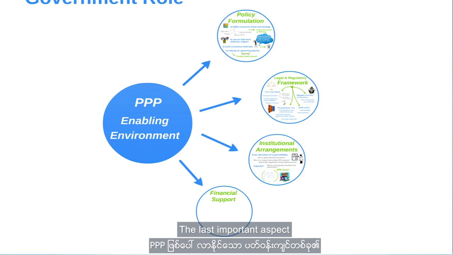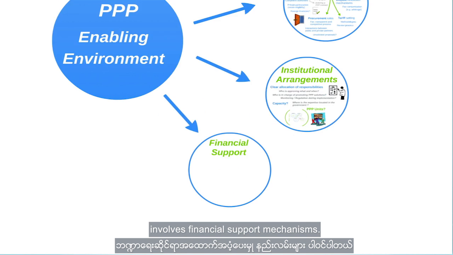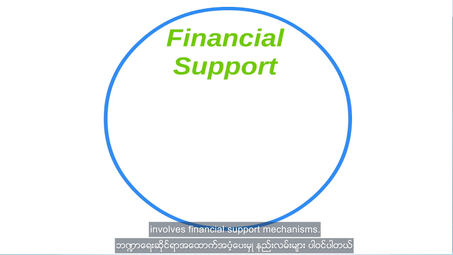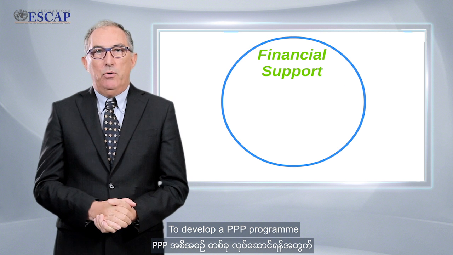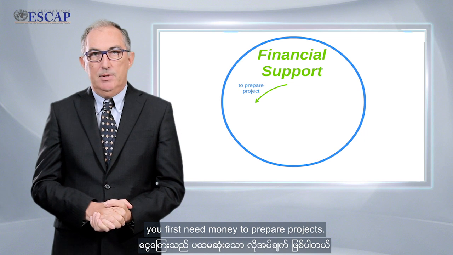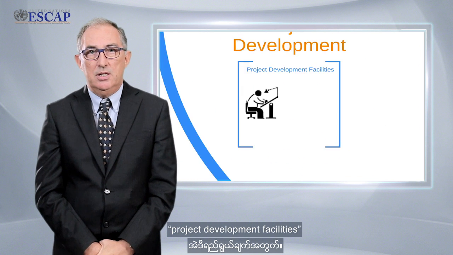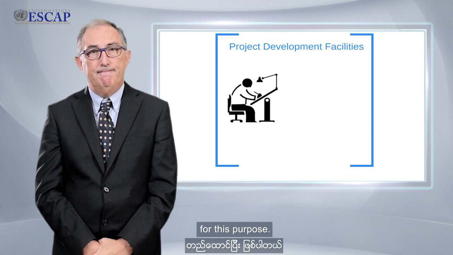The last important aspect of a PPP enabling environment involves financial support mechanisms. To develop a PPP program, you first need money to prepare projects. Some countries have established project development facilities for this purpose.